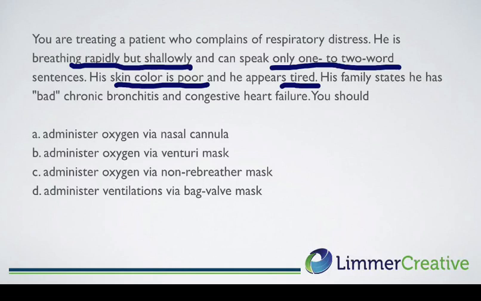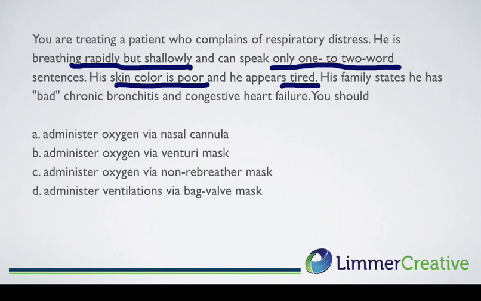It must have an adequate rate and an adequate depth. Now, the adequate rate is in the middle of that crazy thing we call normal. But really, really fast and really, really slow mean the patient probably needs to be ventilated. In this case, I put the word shallow in here as well. That's the other word you've got to look for. If someone's breathing shallowly, we may have to ventilate them.